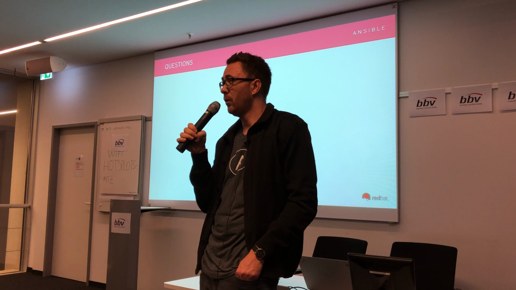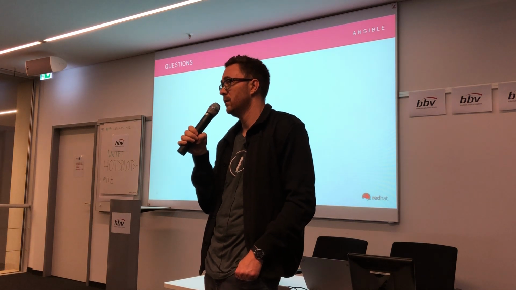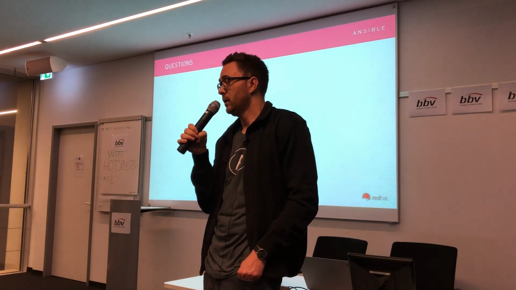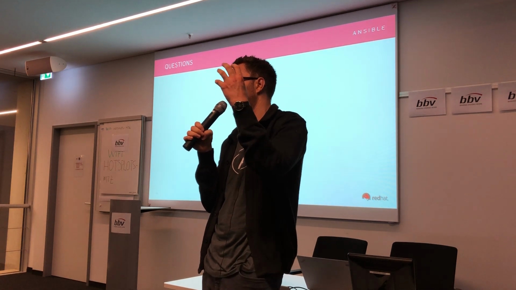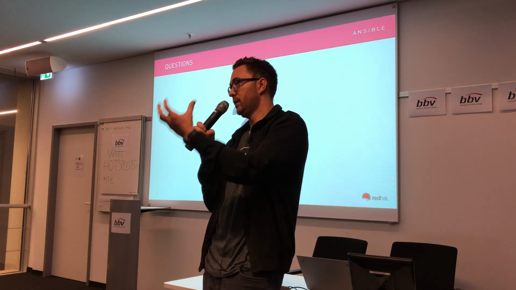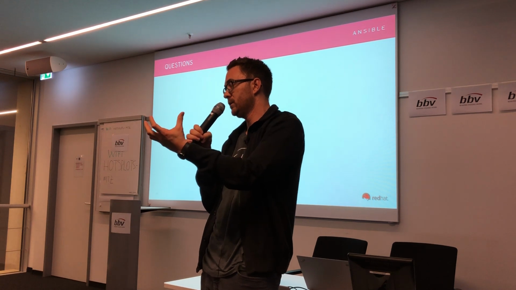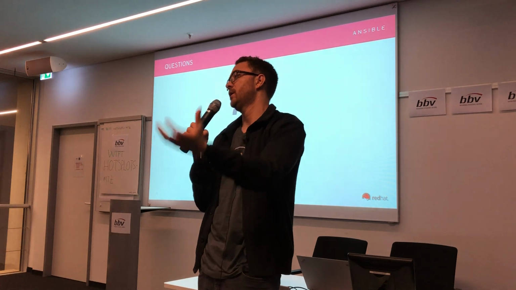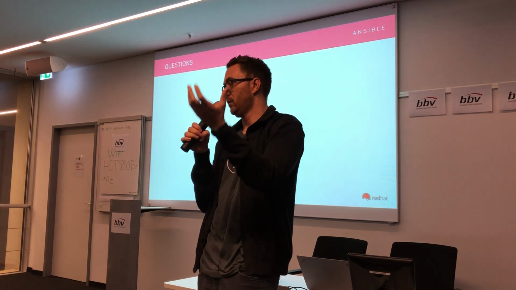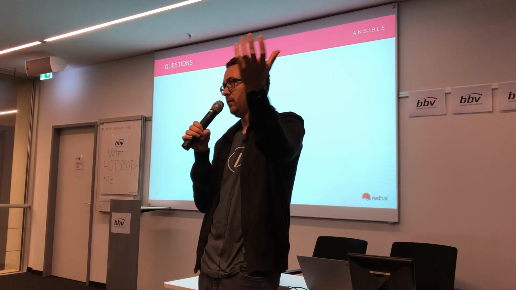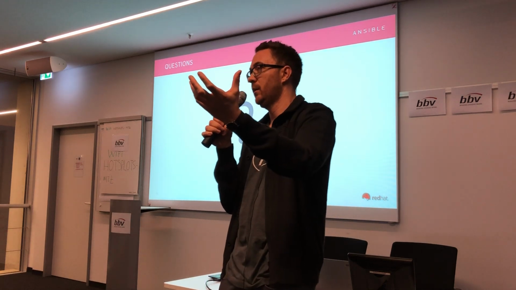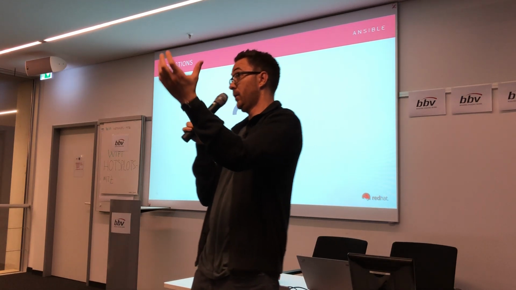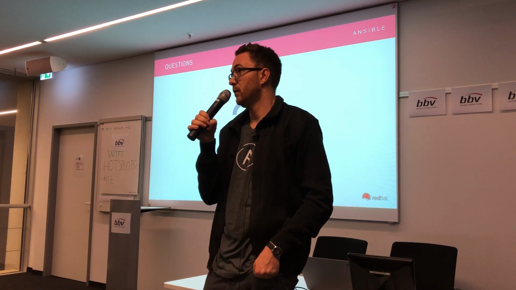I would look at Tower or AWX if you're using the community version, because you're really going to want to take advantage of having Ansible as part of your systems and operating system provisioning, but also use it for other things, and have all the same teams using the same platform. So DevOps teams who have nothing to do with provisioning of systems are using different playbooks and different stuff, but the same tooling. I think that might be a more interesting way to go.